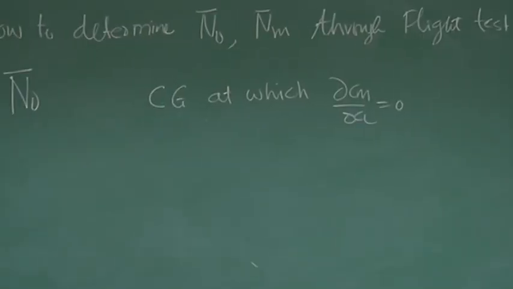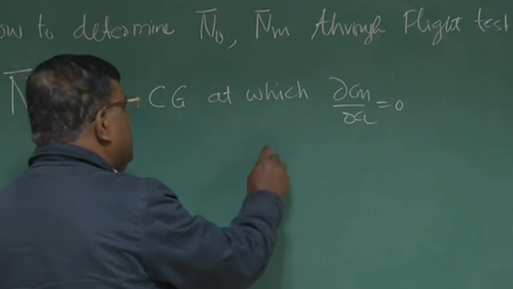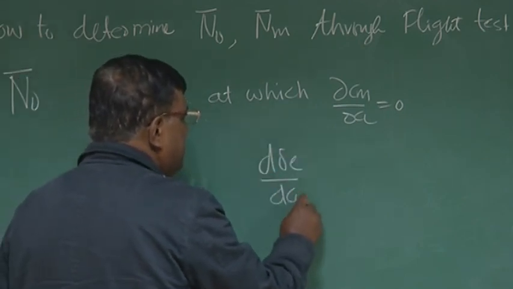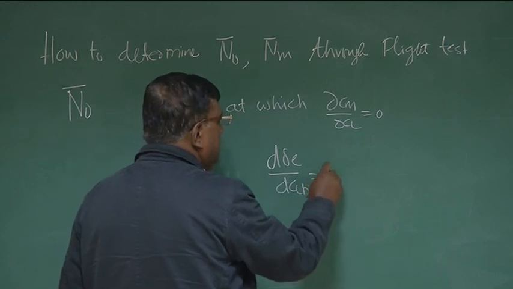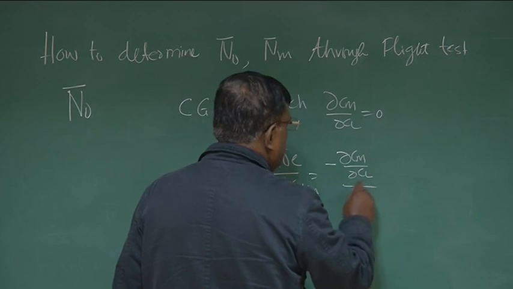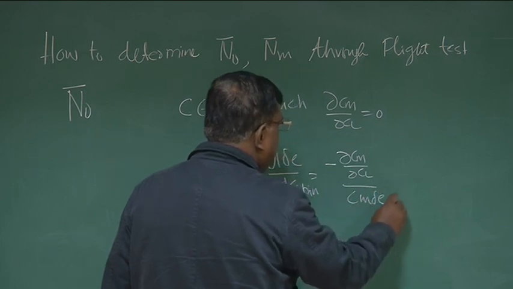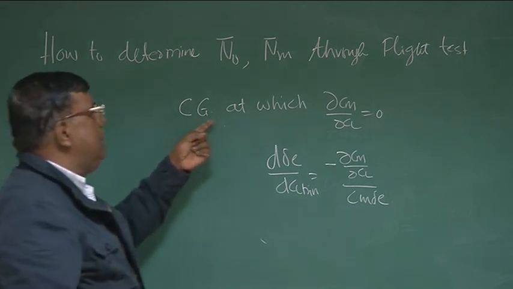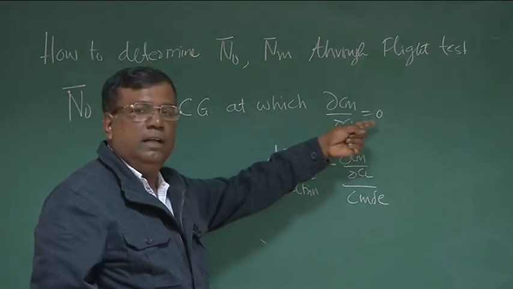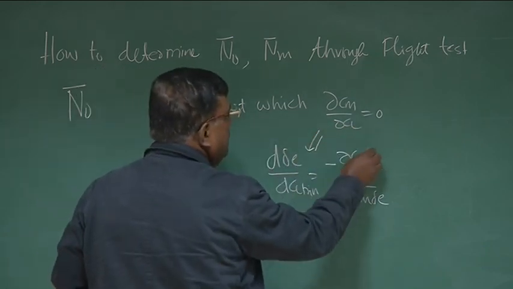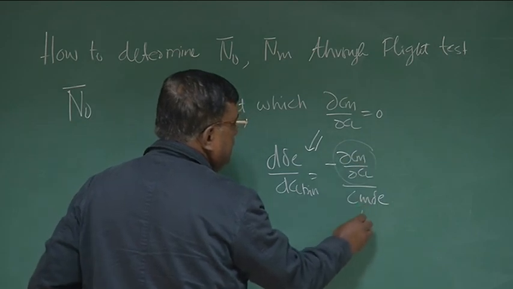Now you also know from the equation that d delta E by dCl trim is equal to minus dCm by dCl by Cm delta E. So if neutral point is that CG location at which dCm by dCl is 0, I can equivalently say, because dCm by dCl is here, this becomes 0, this is never 0.